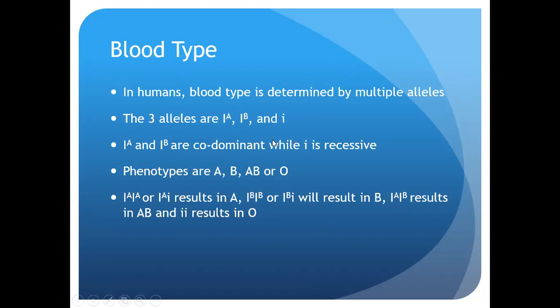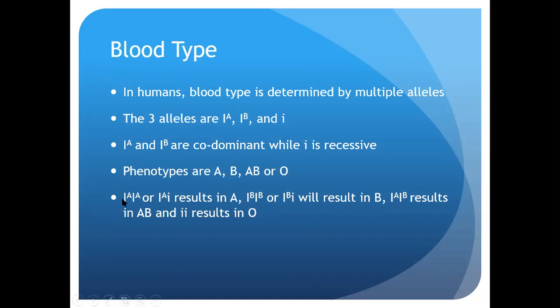Other times they're just written as A, B, and O, which mean the same thing. The A and B are codominant, and the i or the O is recessive. And then they can result in the phenotypes A, B, AB, or O. We can get the AB because, again, they're codominant.